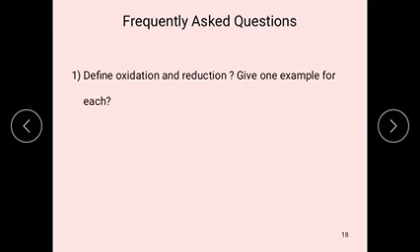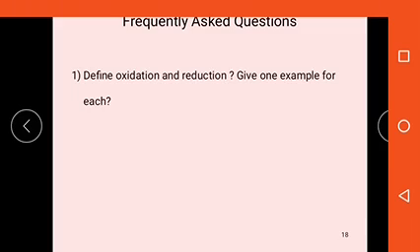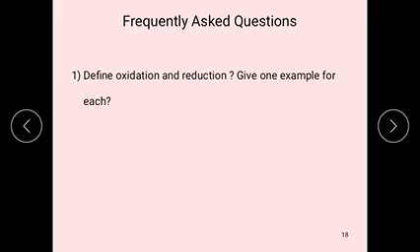If an element's oxidation number increases from 0 to positive or whatever it is, that is oxidation.